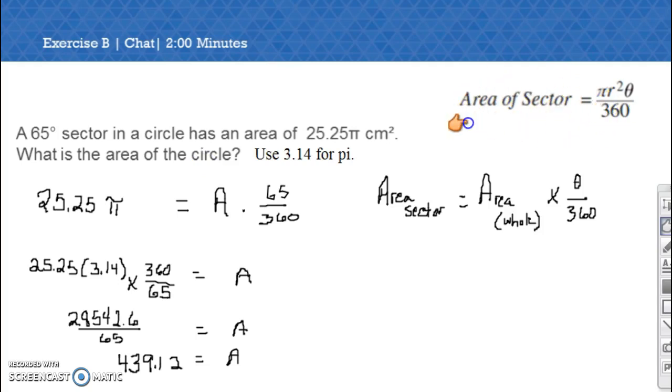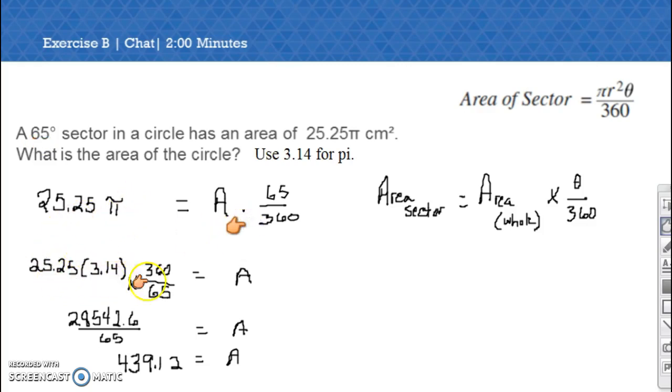Remember, we can rewrite this formula: the area of the sector is equal to the area of the whole circle times theta over 360. So I'm going to plug in the area of the sector, 25.25 pi, is equal to the area times 65 over 360. 65 is our sector, 360 is the whole.